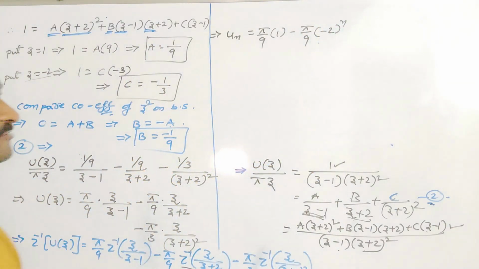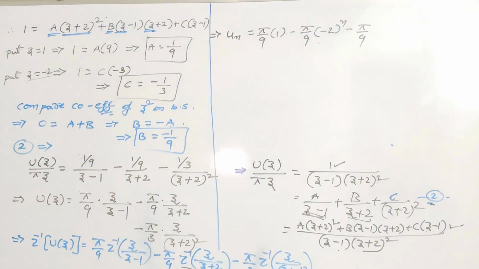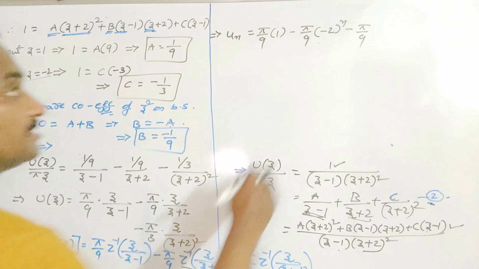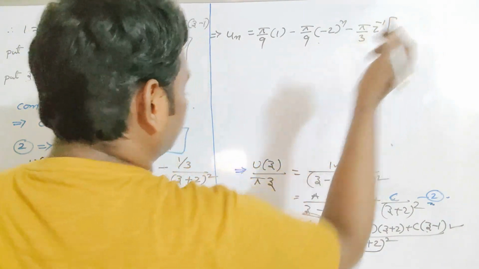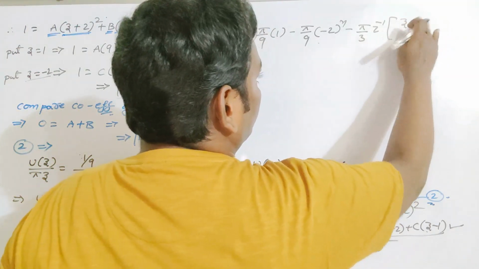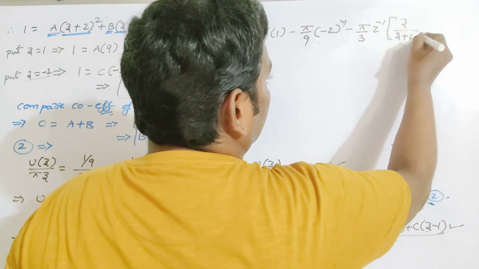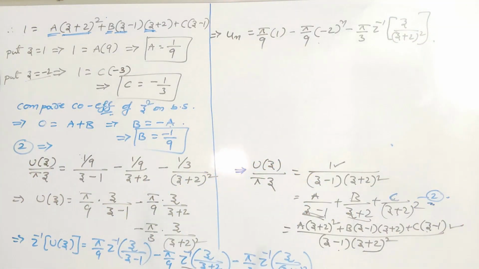But we don't have the direct formula for the last part, which is minus pi by 9. Sorry, it is only pi by 3, z inverse of z by z plus 2 whole square. So according to the damping rule, we have a special formula.